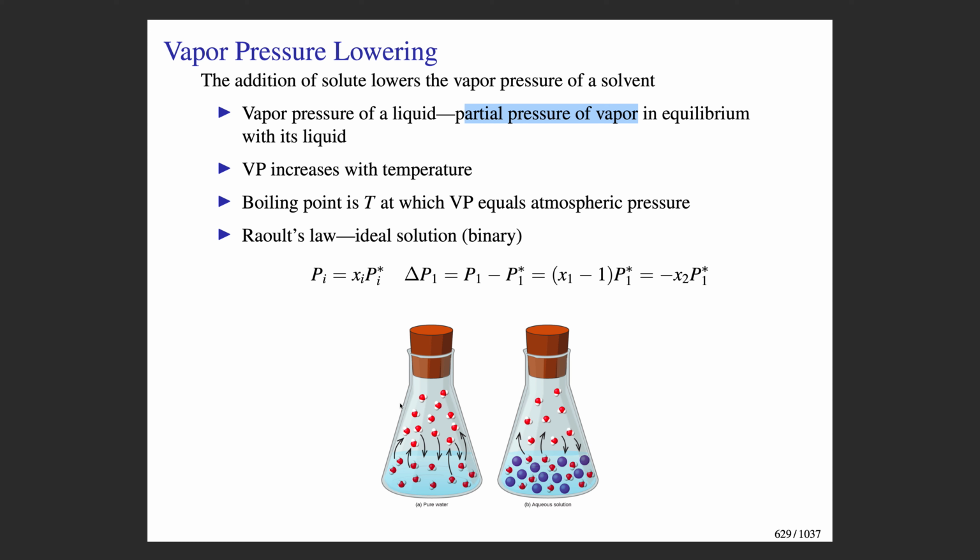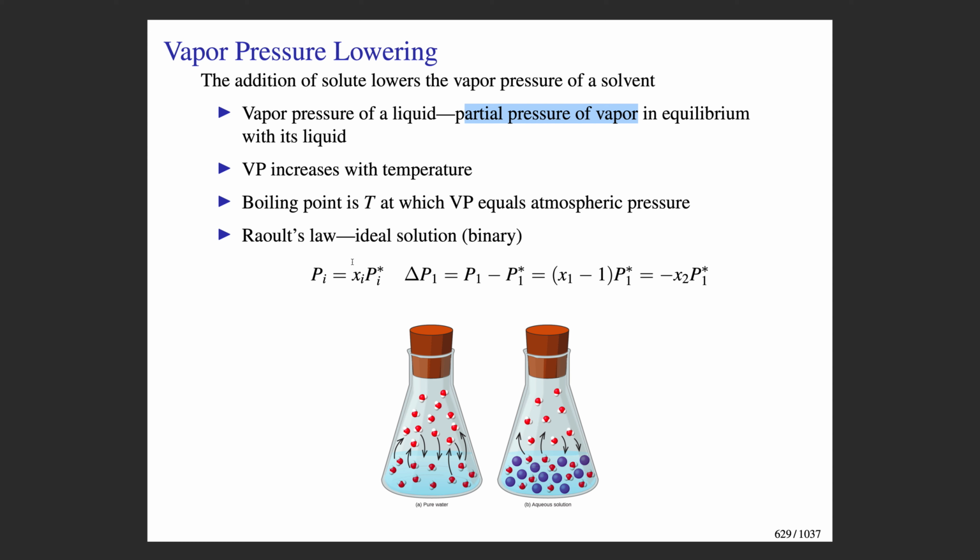And if you keep increasing the temperature, eventually you're going to hit the boiling point of the liquid. That is the temperature at which the vapor pressure of the liquid equals the external pressure. So let's suppose that the liquid is exposed to a total pressure of 1 atmosphere. Once you get the vapor pressure of that liquid substance up to 1 atmosphere, then it's going to start to boil.